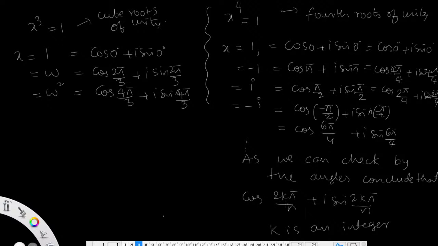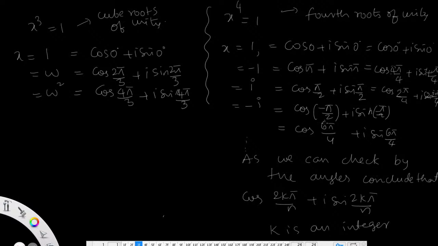Suppose you take k equal to 1 and n equal to 4; that is 2π/4, which is π/2, one of the angles, plus i sin 2π/4, with denominators 4. Whereas for n equal to 3, the denominators are 3, same thing. Here n equals 4, and k is an integer, so let us take the values k = 0, 1, 2, 3.